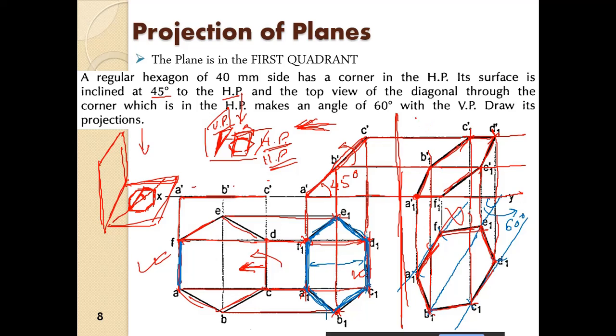All right, so just for educational purpose and just to understand the concept, I have explained this as well. So I hope you have understood what exactly the plane is doing. So initially the diagonal was in this manner. So the hexagon was drawn like this.